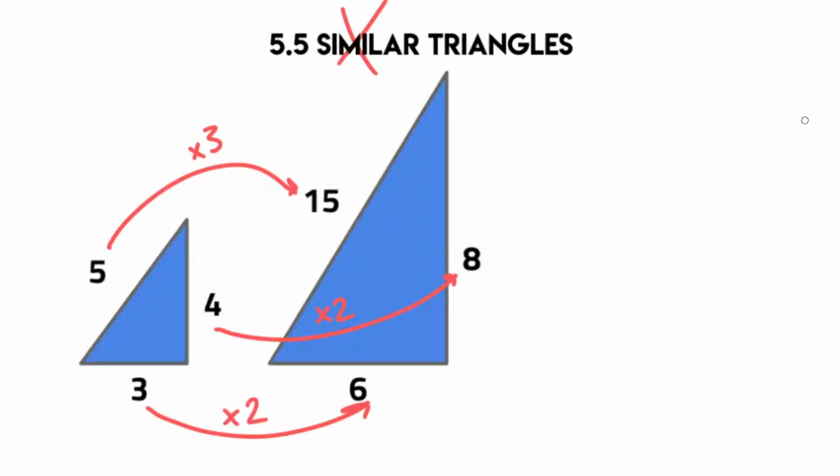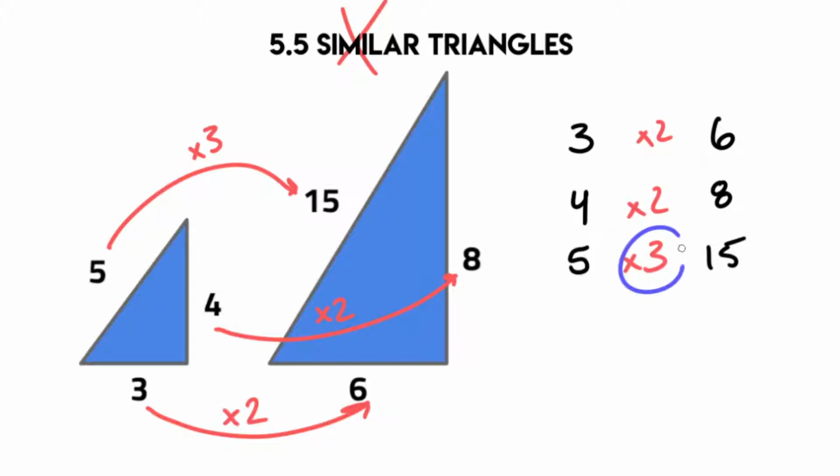They are not similar because all 3 of them would need to have the same scale factor. Again, if I was to write this out, 3, 4, 5, and on the other side it's going to be 6, 8, and 15, we'd have a 2, and then a 3. This breaks it. We can't have a scale. This is no longer similar triangles. It does not work that way, okay?